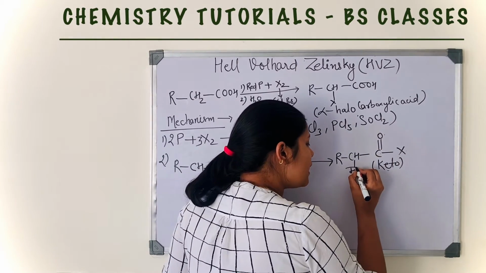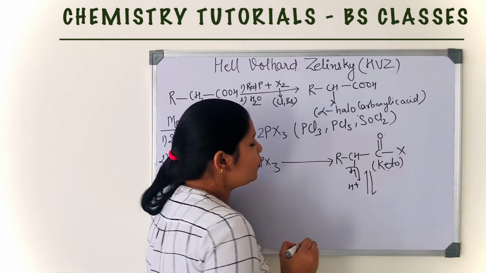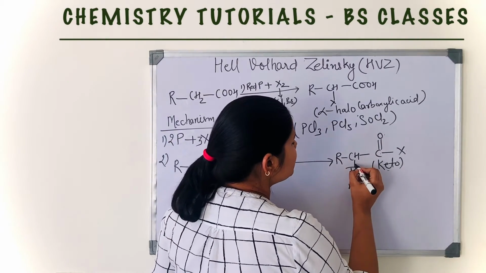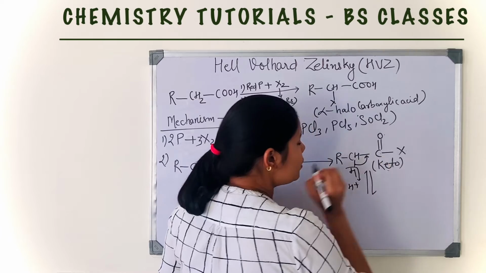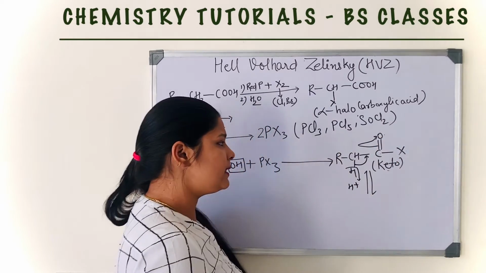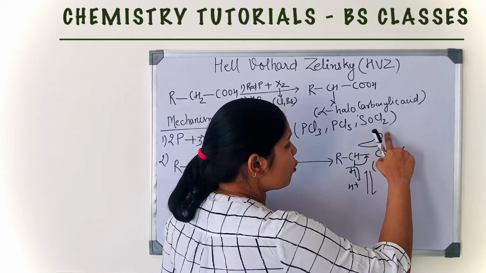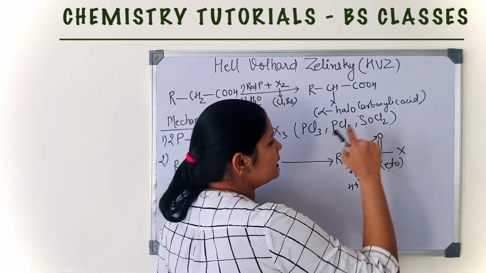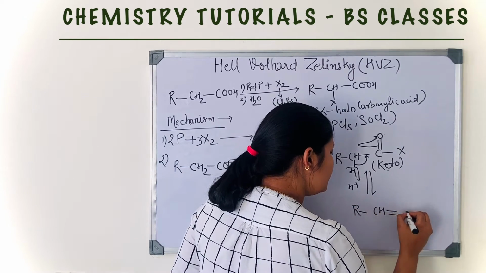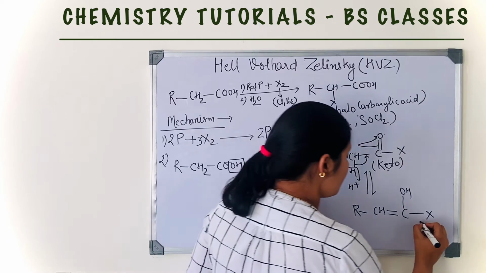So this hydrogen sacrifices its electron and leaves in the form of H+, and the bond between carbon and hydrogen is shifted between these two carbon, and the oxygen completely withdraws electron toward itself, and this keto form will convert into enol form. Now here O minus, then this H plus binds with this O minus and forms RCH double bond COH X. This is enol form.